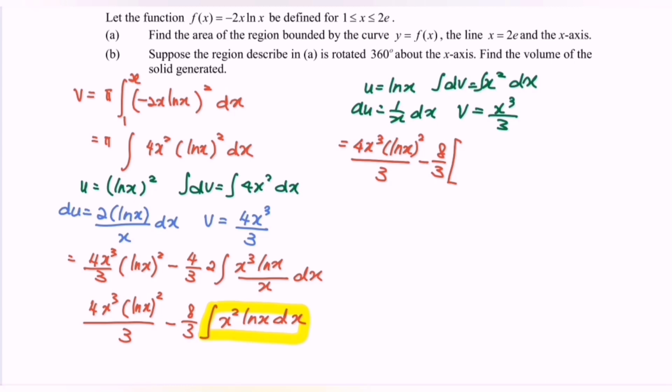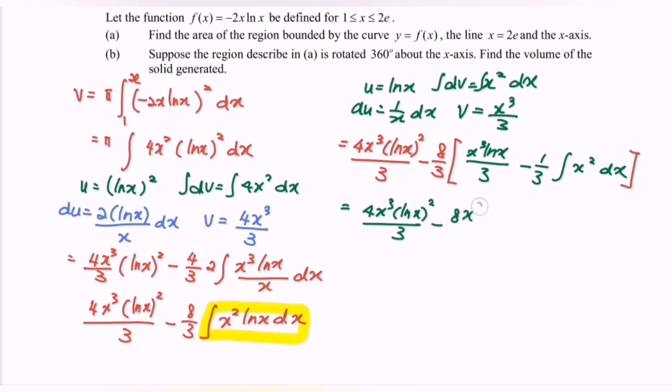In here, uv, so x to the power 3 ln x over 3 minus 1 over 3 integrate v du, so in here we have x square dx. One more time, integrate the situation. So we will have 4x to the power 3 bracket ln x bracket square over 3, and then minus 8x cubed ln x over 9. In here we will have negative become positive, so 8x to the power 3 over 27, with the limit 2e and 1.